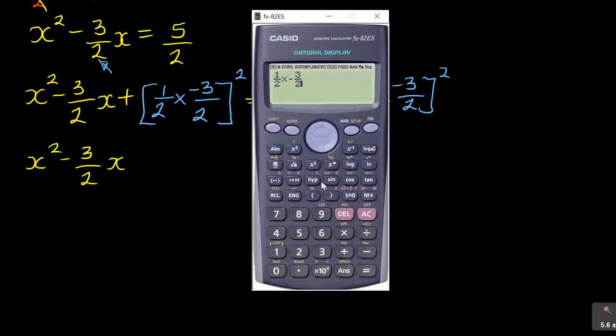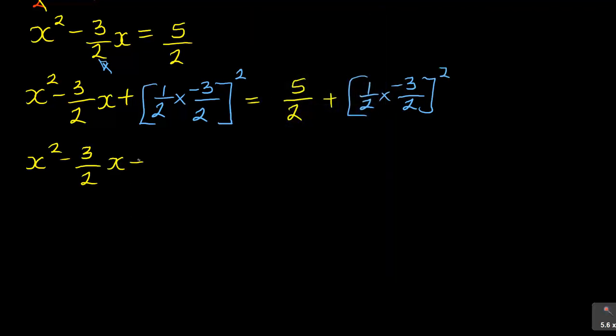So that is what is inside the bracket. You can see that is giving you minus 3 over 4. So we are going to say plus, in this case, minus 3 over 4. Remember, you don't have to remove that square, you leave it like that, is equal to.